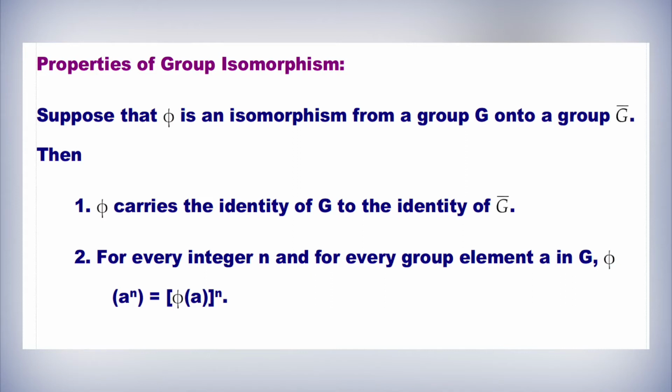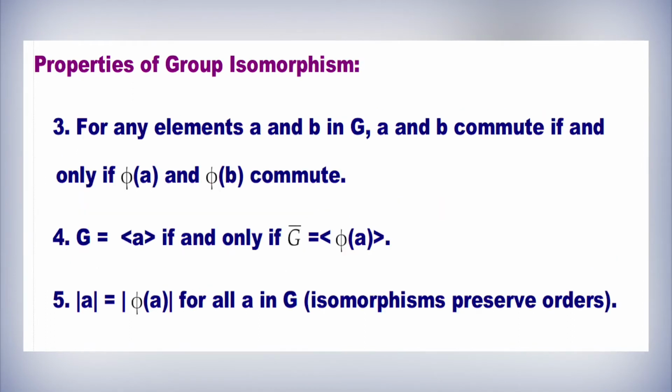Property number 2, for every integer n and for every group element A in G, phi of A to the power n is equal to phi of A the whole to the power n. Property number 3, for any elements A and B in G, A and B commute if and only if phi of A and phi of B commute.